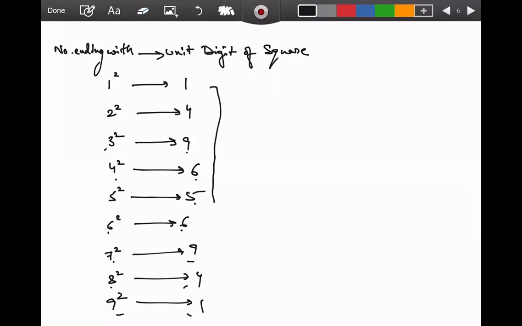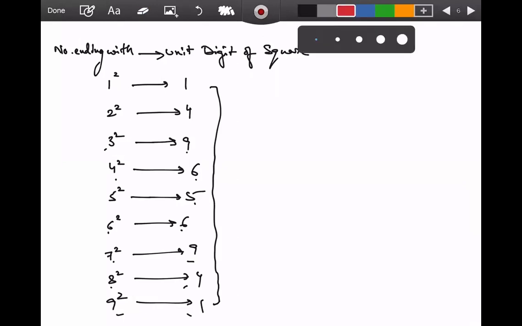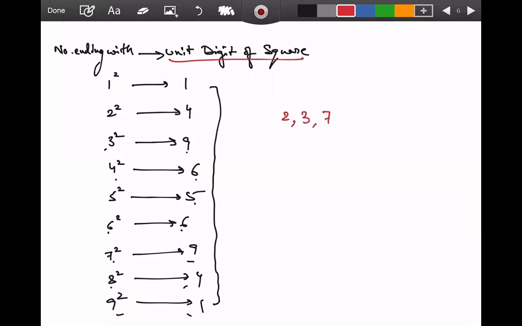What all digits are missing here? Can you see 2, 3, 7, 8?